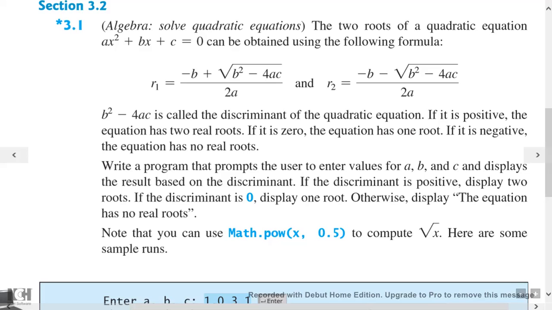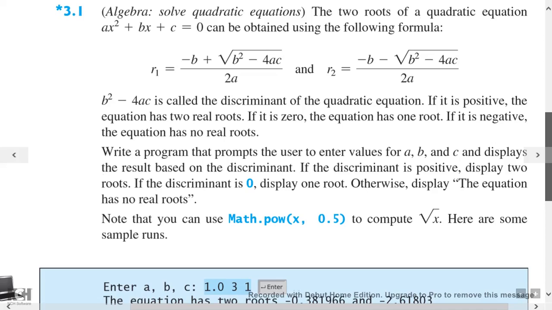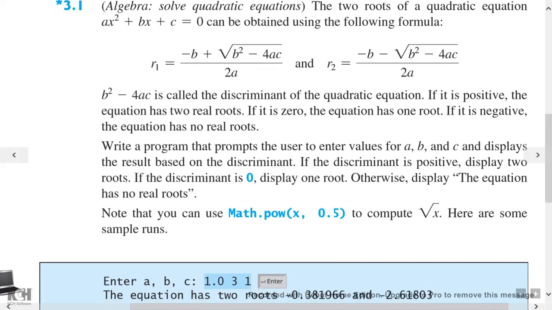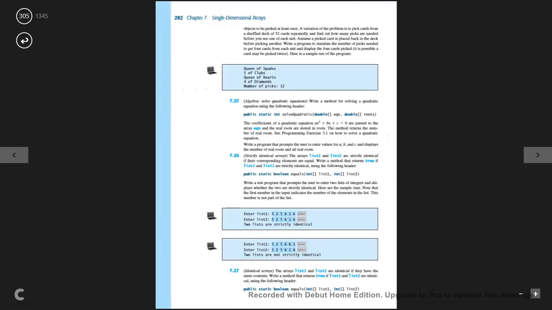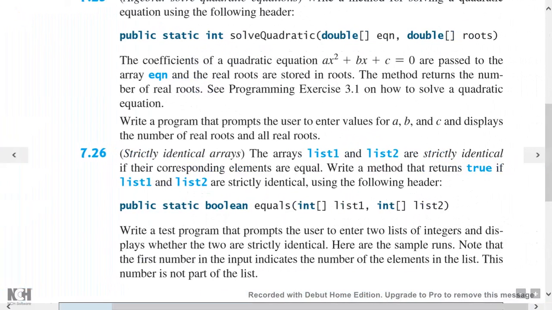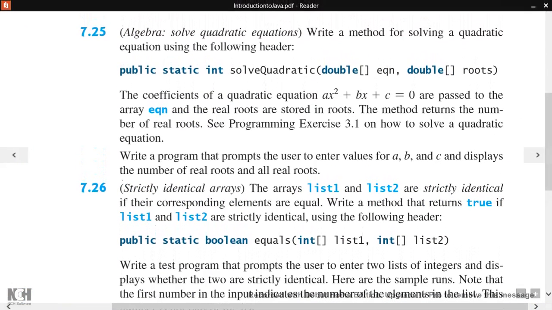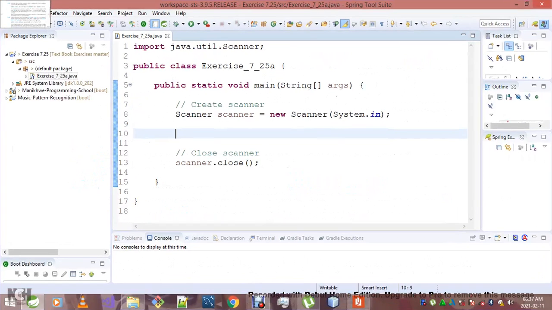While what I'll be doing in the meantime is to jump onto my IDE. Let's get back to exercise 5. Okay. So here's the deal.